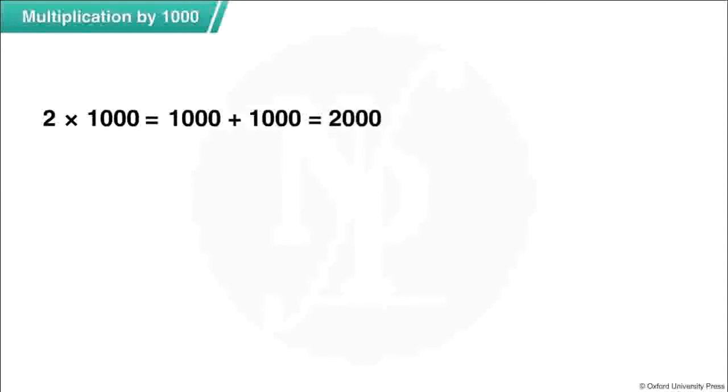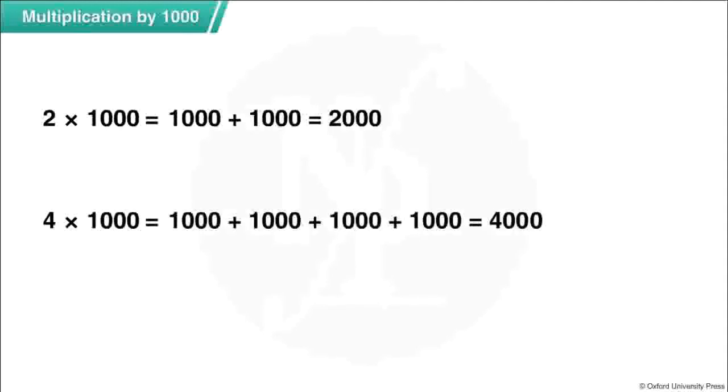Multiplication by 1000. 2 times 1000 is equal to the sum of 2 thousands or 2000. 4 times 1000 is equal to the sum of 4 thousands, or 4000.